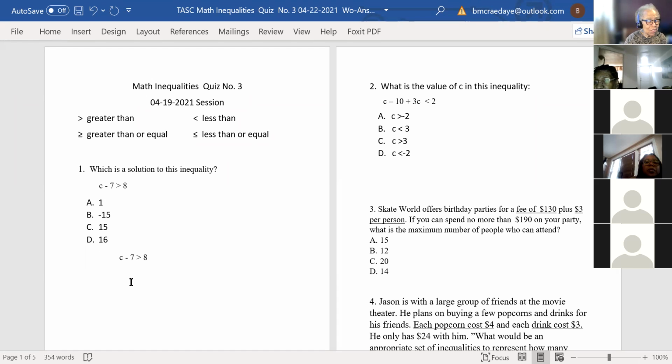Remember, you solve these just like if it were an equation. So what do you do to both sides to solve for C? No, you've got C over here on the left. Really, you want to leave that C there, but how do you get those constants together, the -7 and the 8?